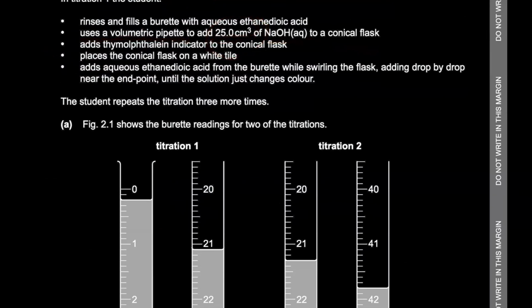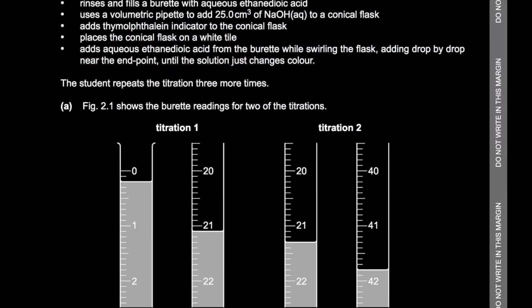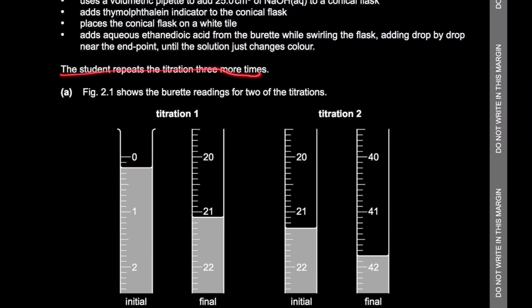Adds thymolphthalein indicator to the conical flask. Places the conical flask on a white tile. Adds aqueous ethanedioic acid from the burette while swirling the flask, adding drop by drop near the endpoint until the solution just changes color. The student repeats the titration 3 more times.